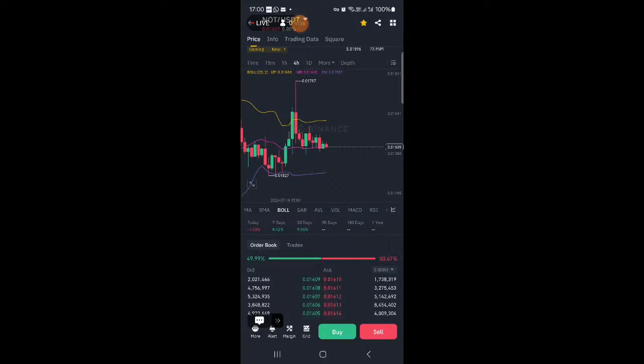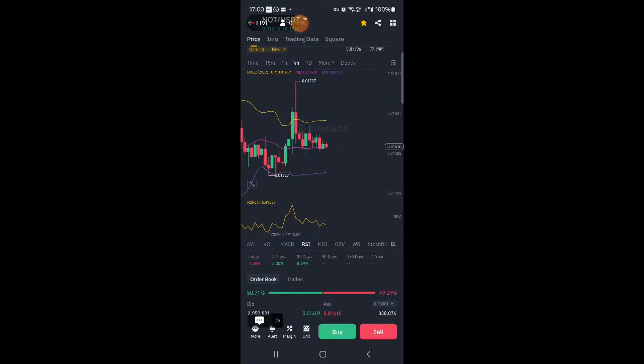Now, let me put the indicator. Where is RSI? Just come to this indicator tab and see RSI, which simply stands for Relative Strength Index. You can see that the RSI value here is 45.7, and it keeps changing as the market price is changing.